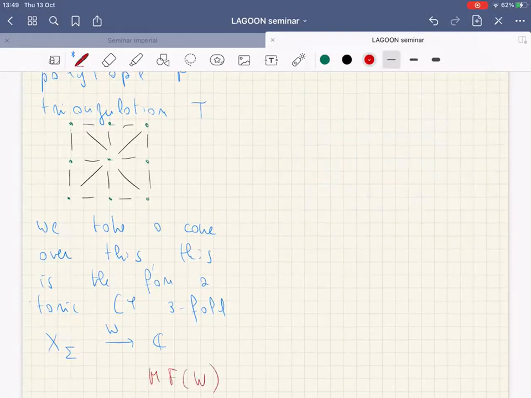And the mirror of this is computed as follows. I'm giving you the purely combinatorial recipe without justifying it.